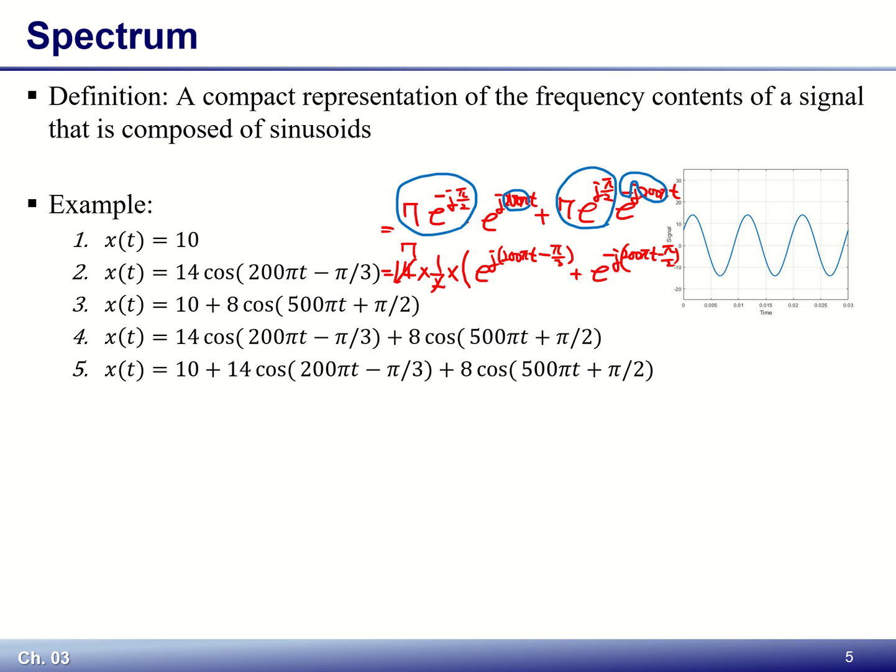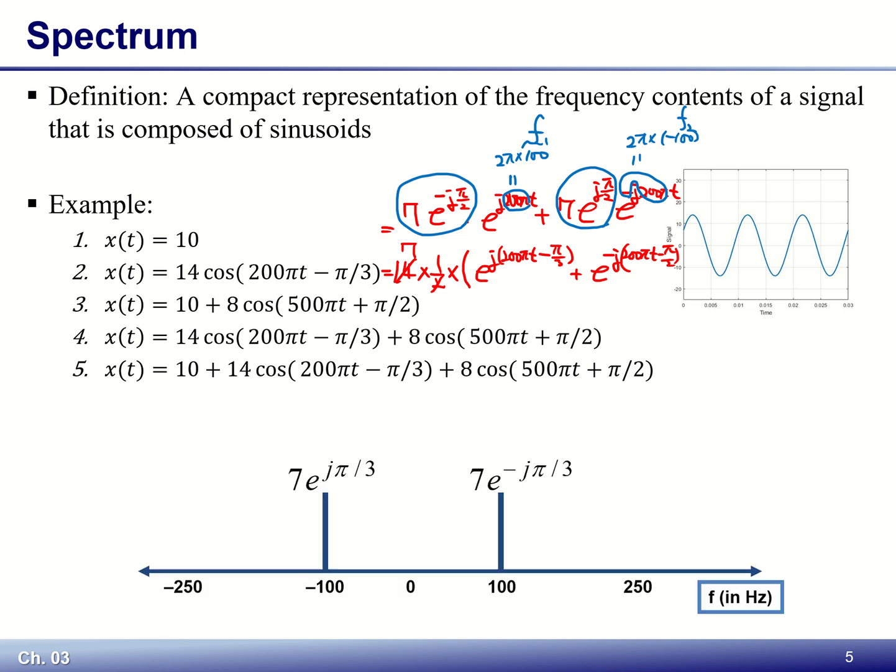So actually this is 2 pi times 100. We can express this with a figure like that. At frequency 100, the amount of the 100 component is 7 times exponential(minus j pi over 3).